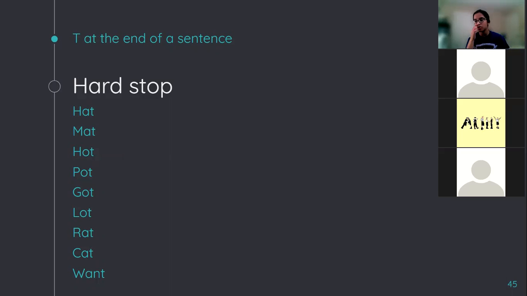So the general idea is when you have a T at the end of a word, when your tongue touches the roof of your mouth, you stop. Like hat, mat, hot, got, lot, rat, cat, want. So I think those are all the general T rules. I'm not sure if there's actually more, but those are the basic ones.